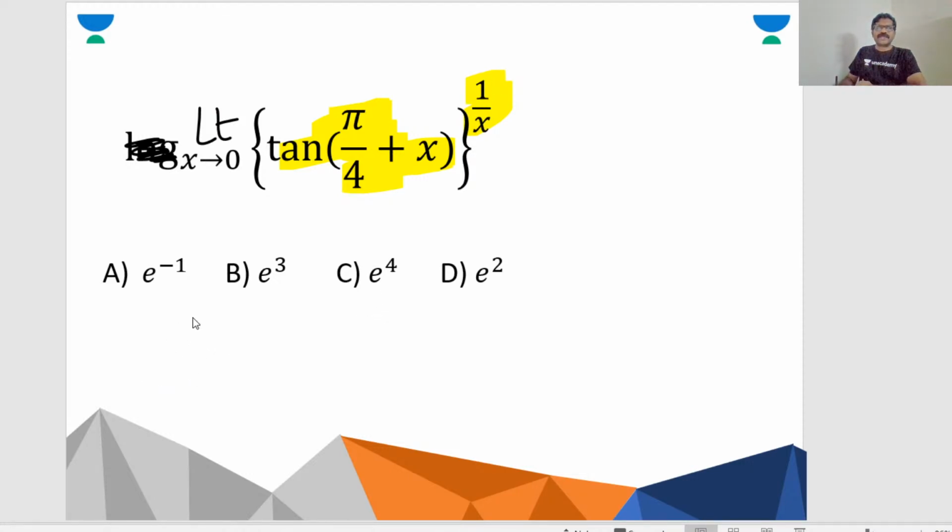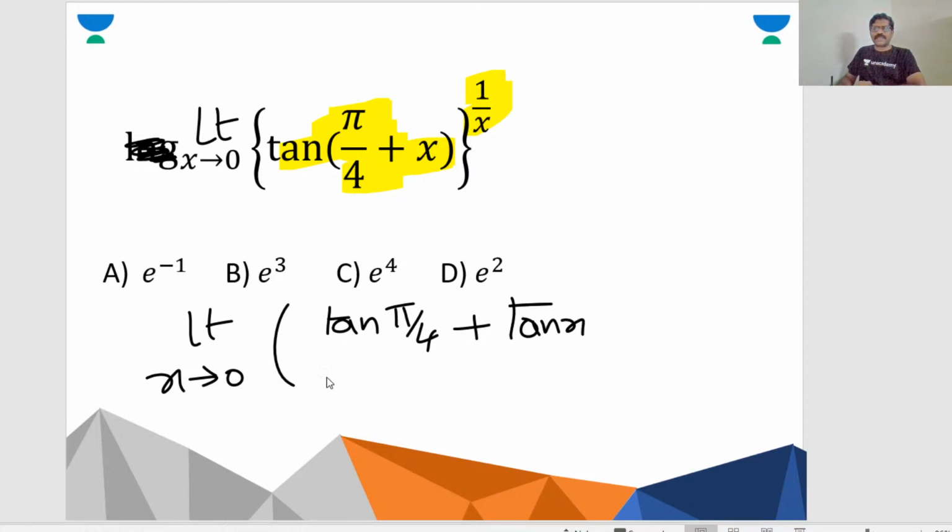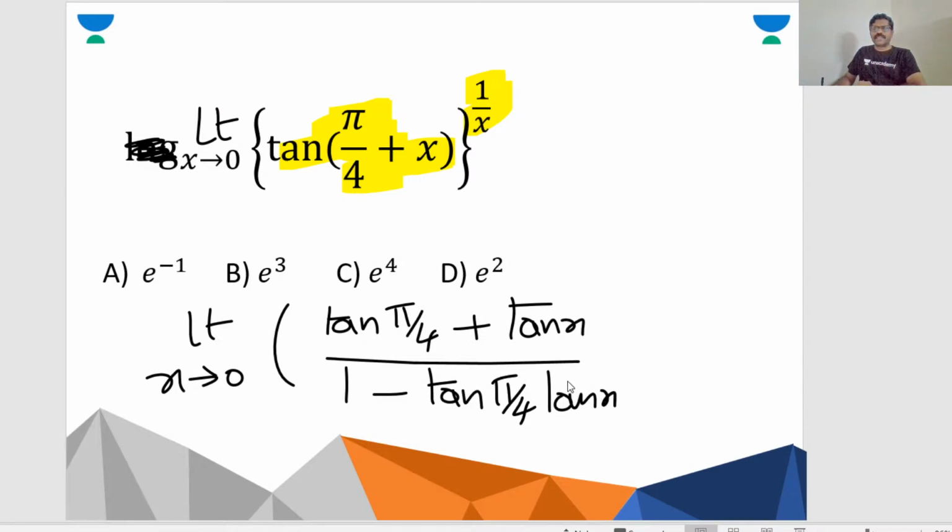Now you can write limit x tends to 0, tan pi by 4 plus x, that is tan pi by 4 plus tan x by 1 minus tan pi by 4 tan x, whole power 1 by x.